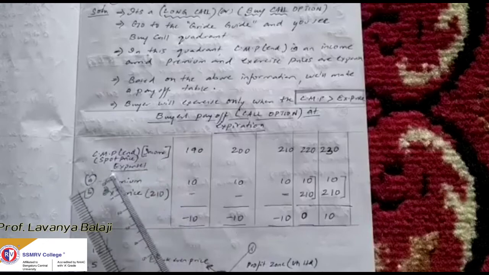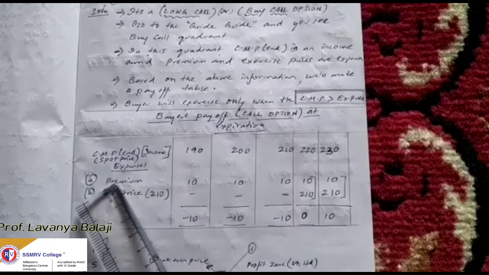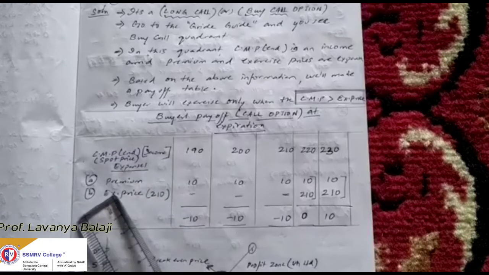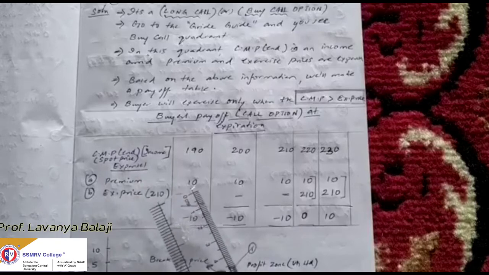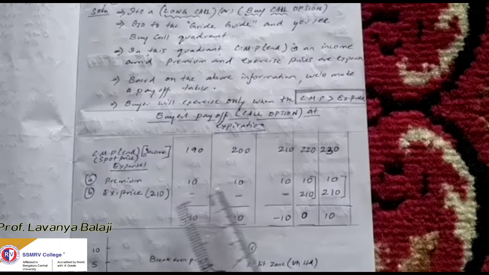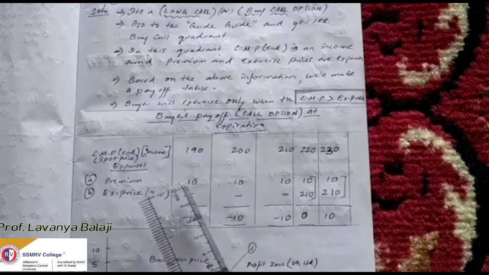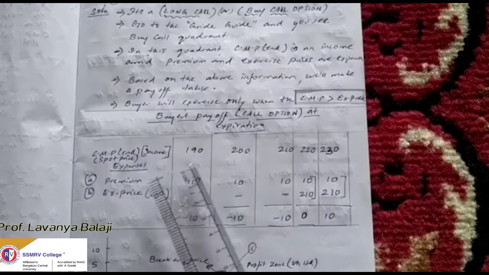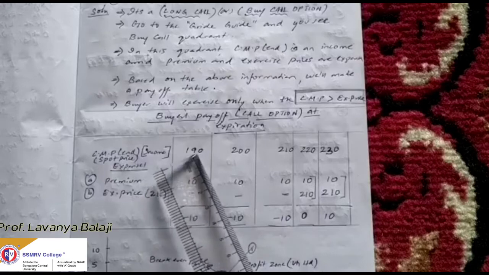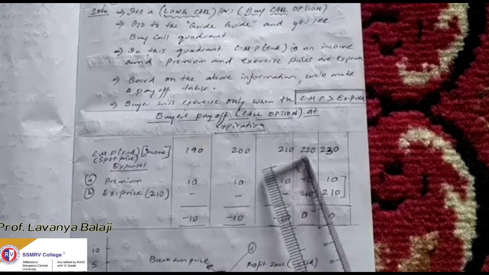The current market price at the end, nothing but the spot price, is an income for us, and the expenses will be your premium and the exercise price. So the premium being an expense for me, I have written for all the 5 cases. What are all the 5 cases? When the current market price or the spot price changes to 190, 200, 210, 220 and 230.